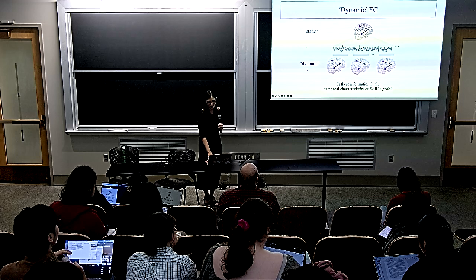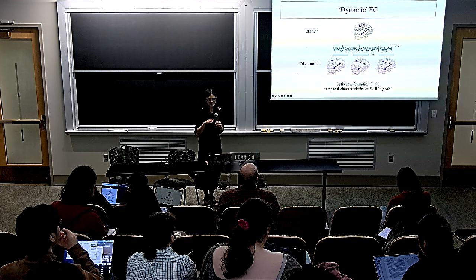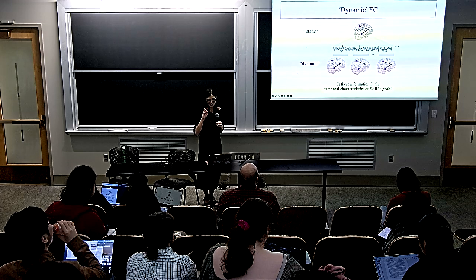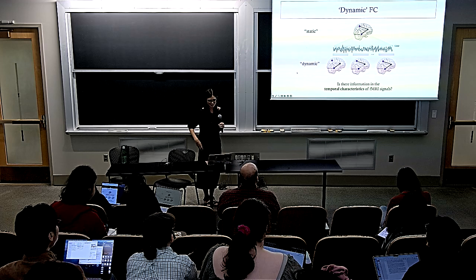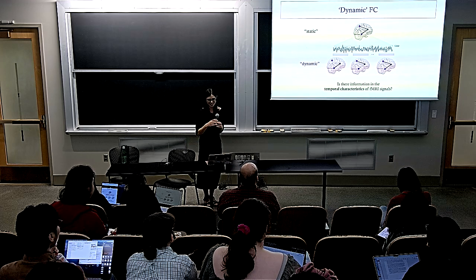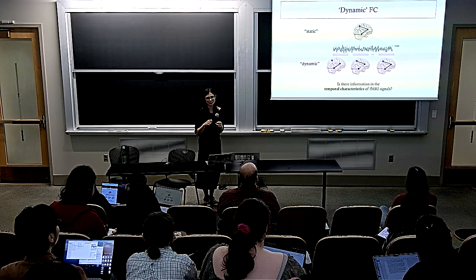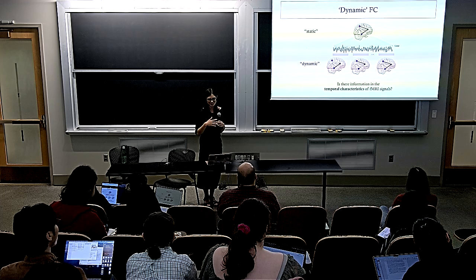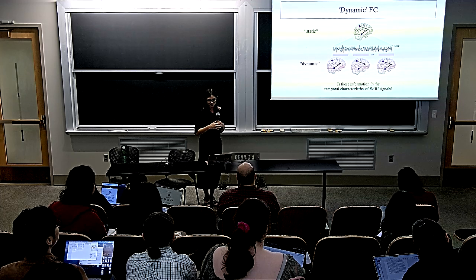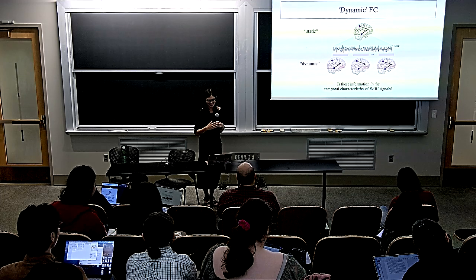Although I have a picture here indicating network or functional connectivity, more broadly this field of dynamic analysis extends beyond region-to-region correlation matrices, and can include signal patterns, more instantaneous patterns, et cetera, and I'll show you some examples of that.